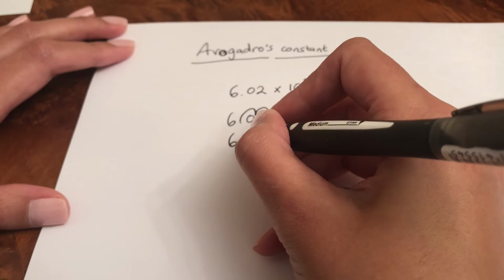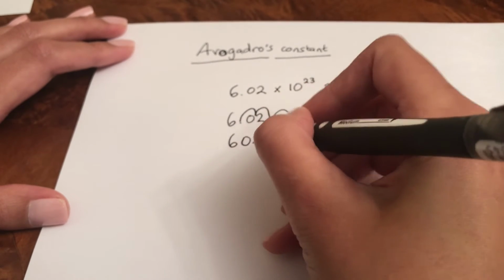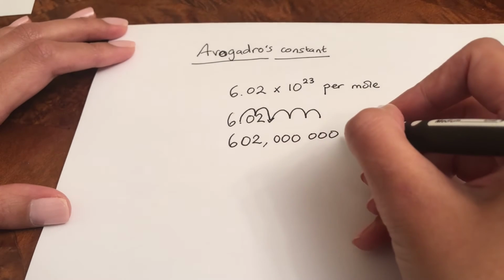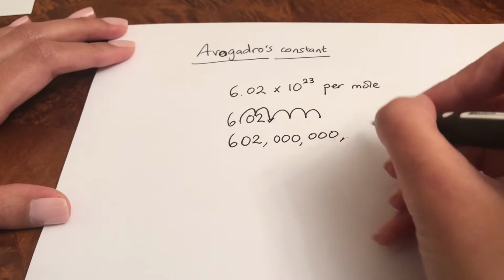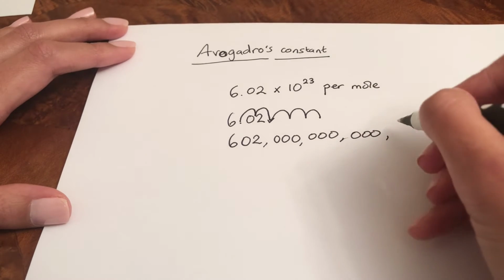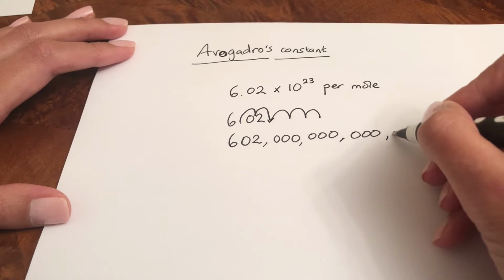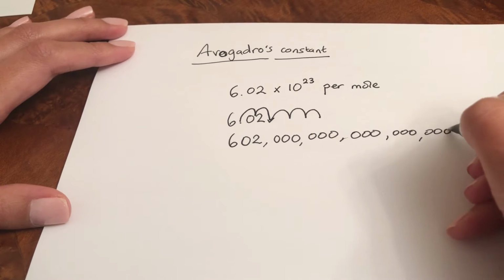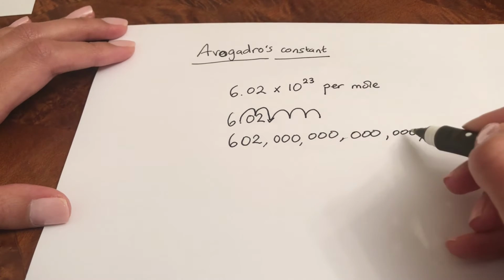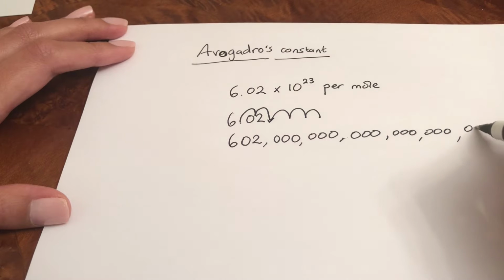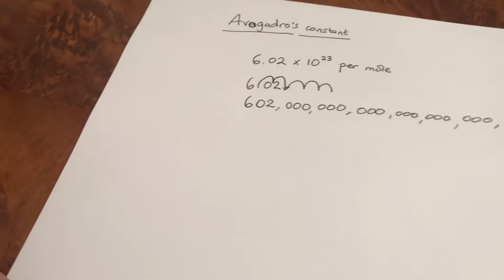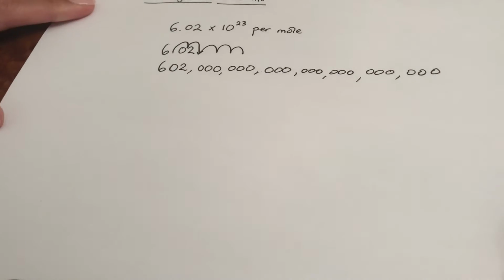So that is the equivalent of 602 followed by all of these zeros.